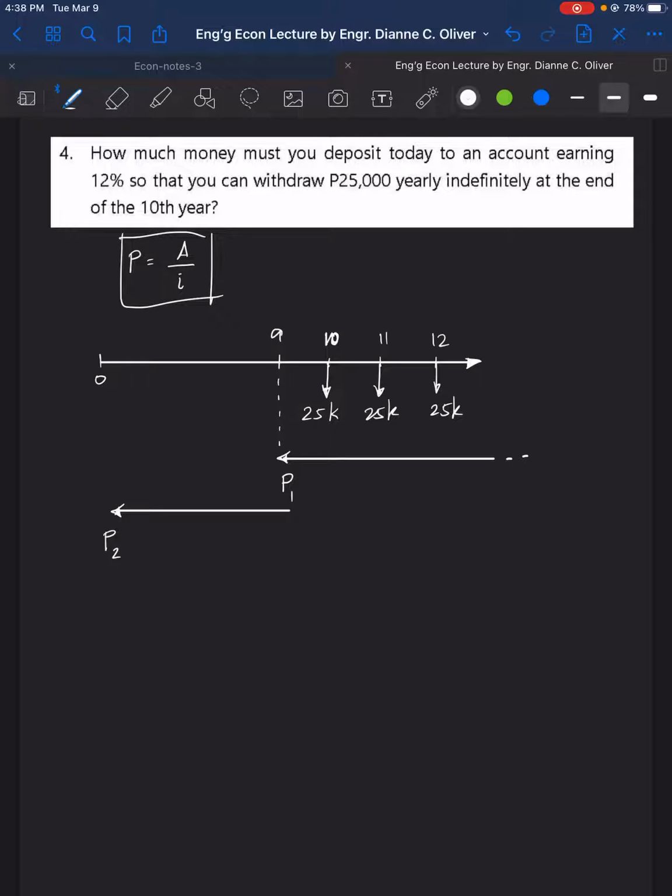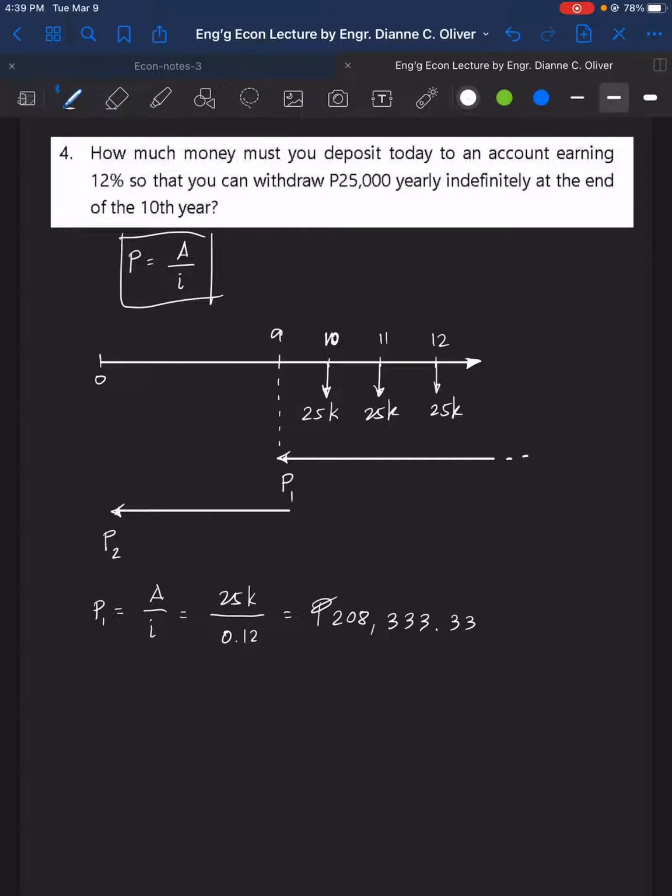To compute for present 1, we have P1 equal to A over i, the annual payment of 25K, regardless of how many payments, because you don't know the exact number since it is indefinite. The i here is 0.12. So P1 is equal to 208,333.33 pesos.